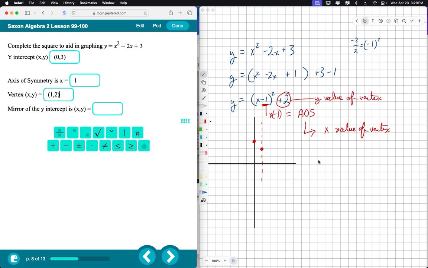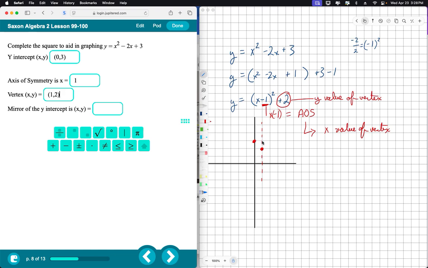That's our vertex. Now the mirror of the y-intercept is just going to be where the parabola crosses the y-axis. It's going to be its look across, right? It's going to be its twin or reflection on the other side. So really all you have to do is look here and count the number of spaces to the axis of symmetry, and then go across and count the same number of spaces on the other side.